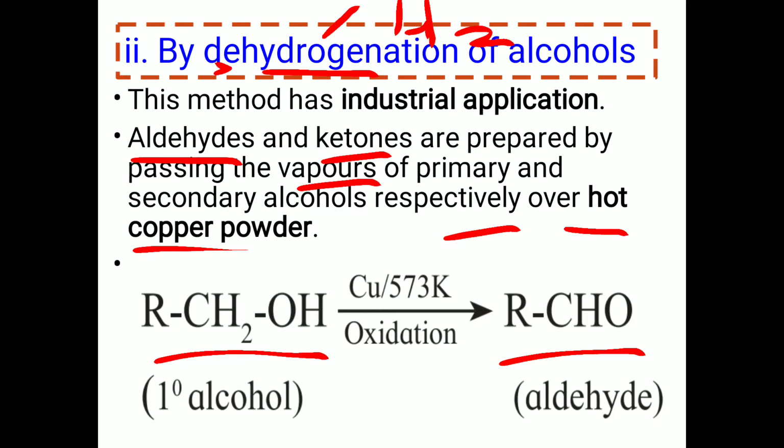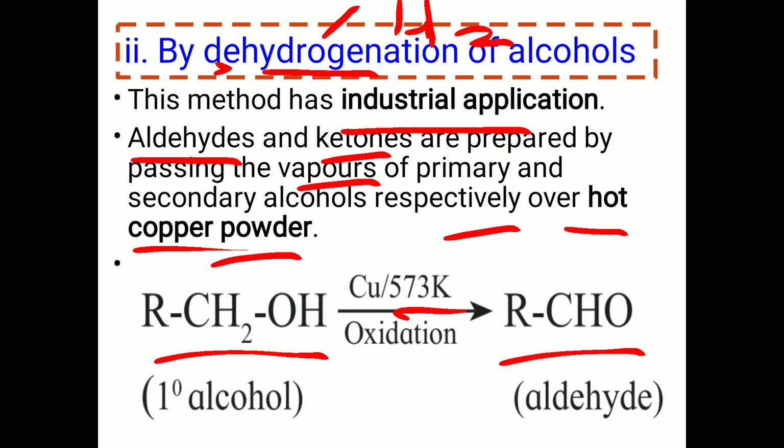The only difference between the oxidation reaction and the dehydrogenation reaction is this: in both we get aldehyde from primary alcohol and ketone from secondary alcohol, but for this we use copper powder, at 573 Kelvin temperature, and this method has an industrial application, meaning we get the product in huge amounts.